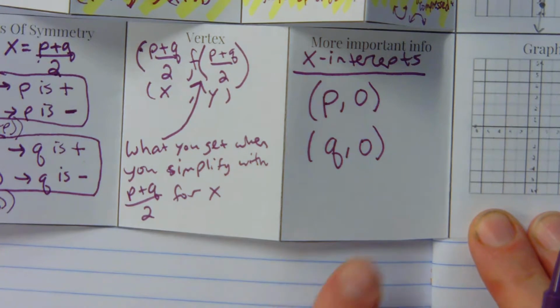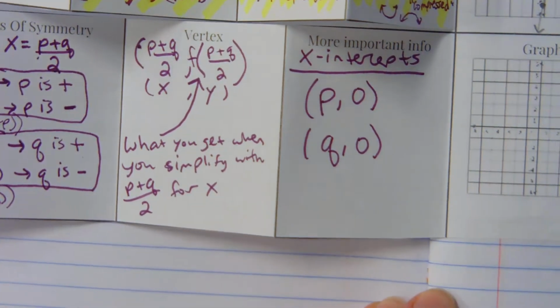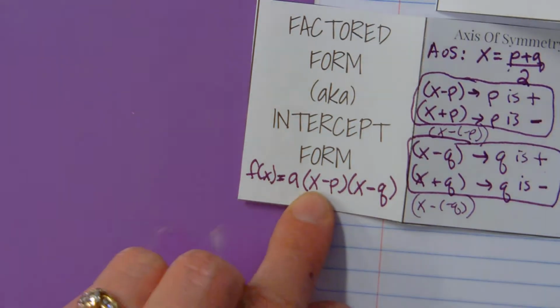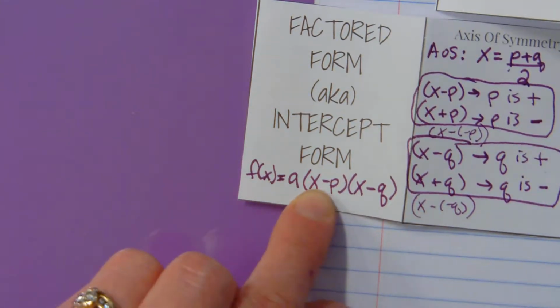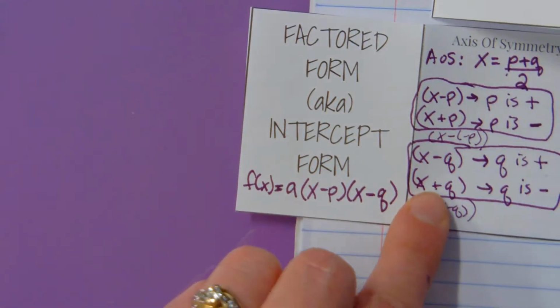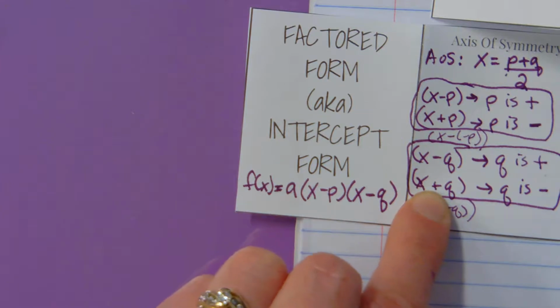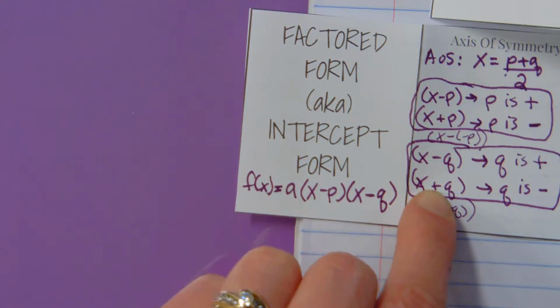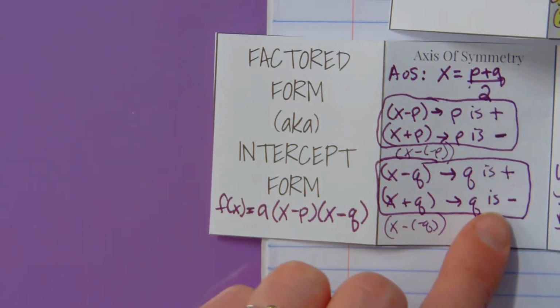So I always kind of look at it like, okay, if I want this to be 0, what does x have to be to make that 0? Oh, well, that would be p. And then if it's in the form of x plus q, what do I have to put in there to make this 0? Oh, it's the opposite of q, which is why q is negative.